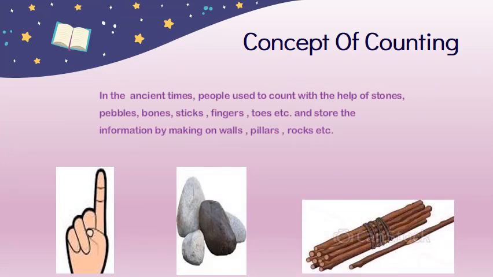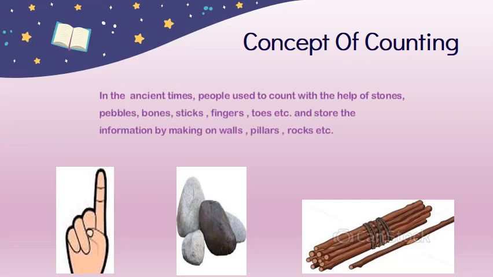Students, have you ever imagined how computers were developed and evolved over the years to what you presently see in front of you? Let me tell you how ancient people did calculation in the dark age. People used to count with the help of stones, sticks, pebbles, fingers, and store the data by making marks on rocks.